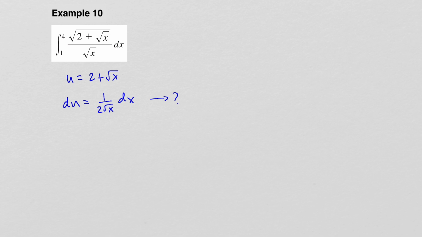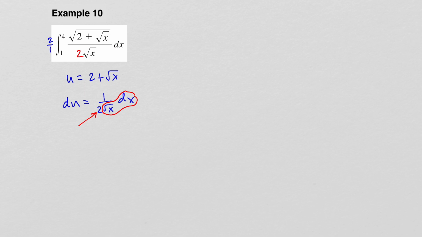So with this du, are we ready to go? And the answer is not quite. You'll notice that we have a dx over radical x, which is good because we have that right here. But we do not have the 2 down here. So what I'm going to do is I'm going to put a 2 down there, but that's in the denominator. So on the outside, I'm going to put a 2 in the numerator.